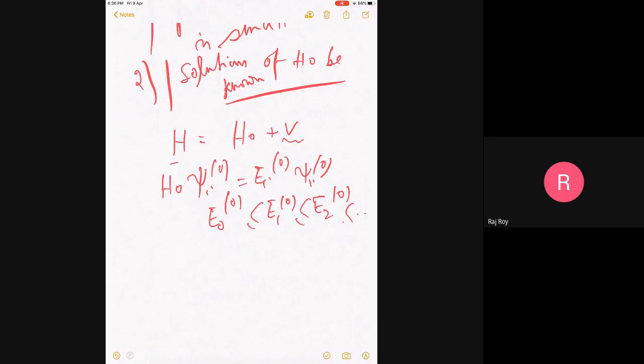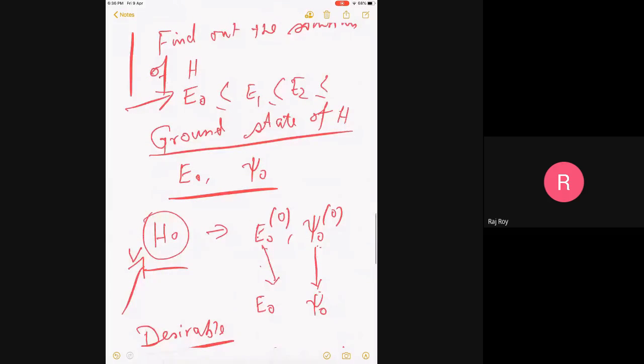So this is completely known, this is defined. And I'm attempting to find with all these the ground state of H, which means just E0 and Psi0. These two I attempt to find.